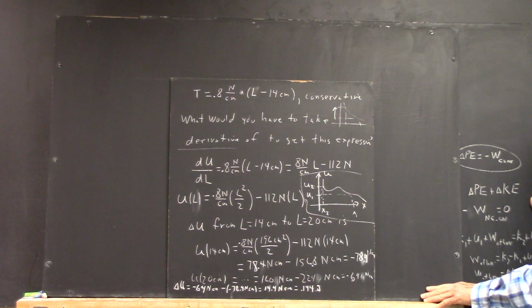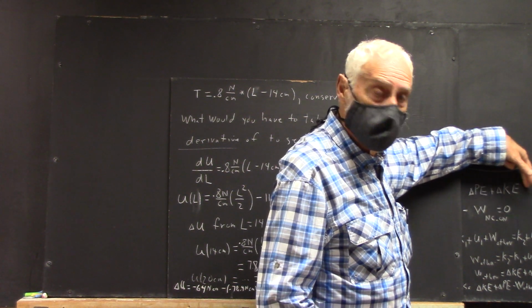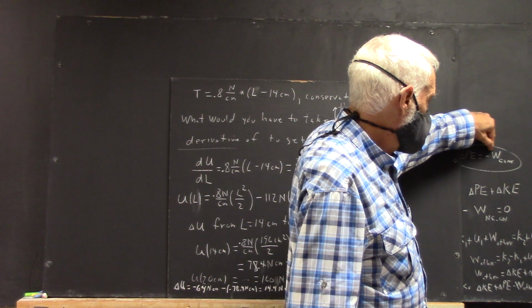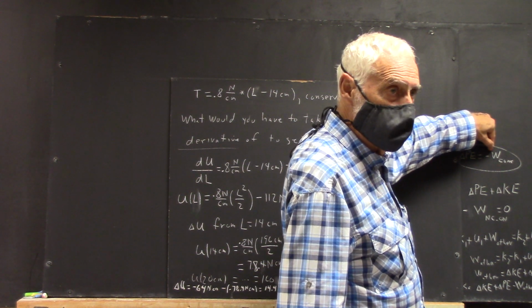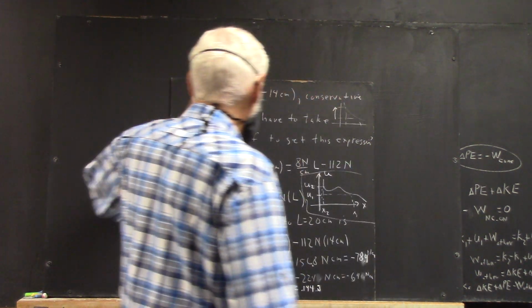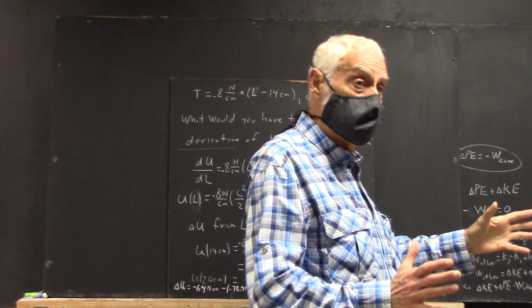Anyhow, change of potential energy is equal to and opposite to the work done by conservative force. That's all we're doing here. Integrating to get the work done by conservative force, or taking average force times displacement.